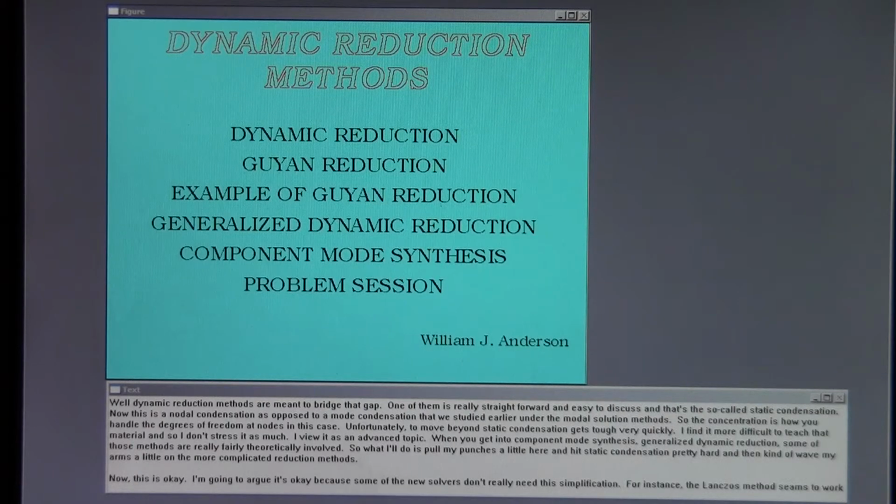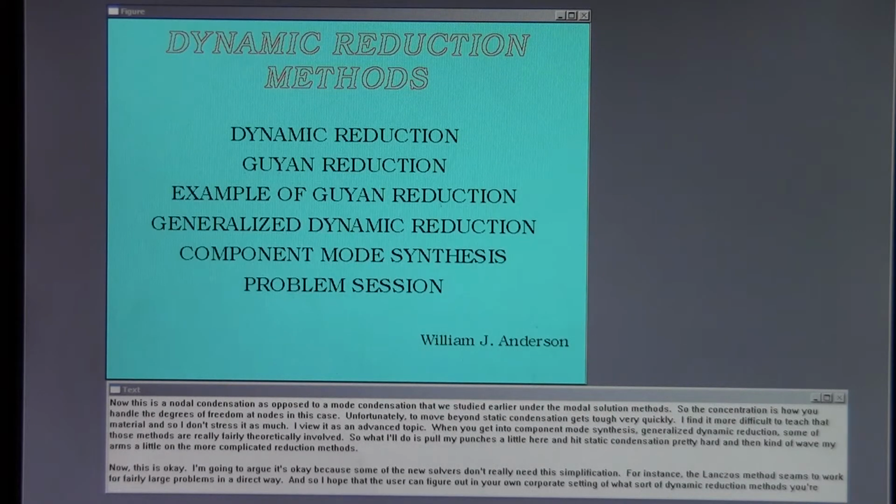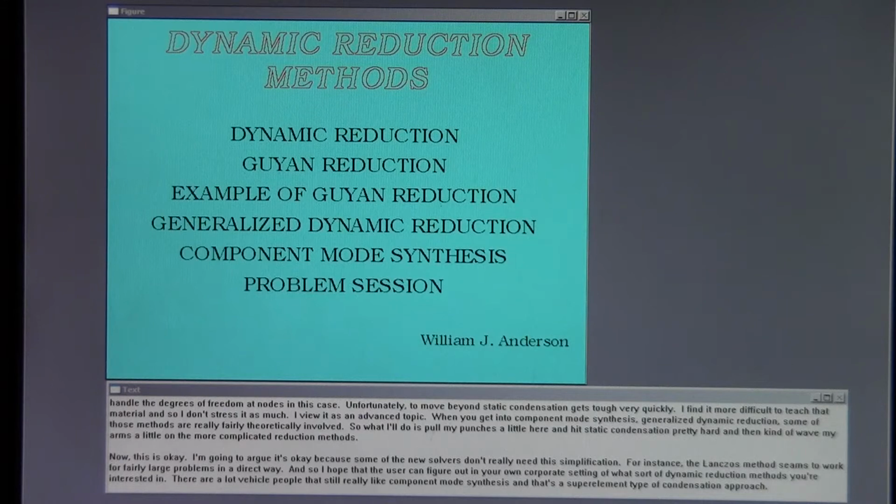Unfortunately, to move beyond static condensation gets tough very quickly. I find it more difficult to teach that material, and so I don't stress it as much. I view it as an advanced topic. When you get into component mode synthesis, generalized dynamic reduction, some of those methods are really fairly theoretically involved.